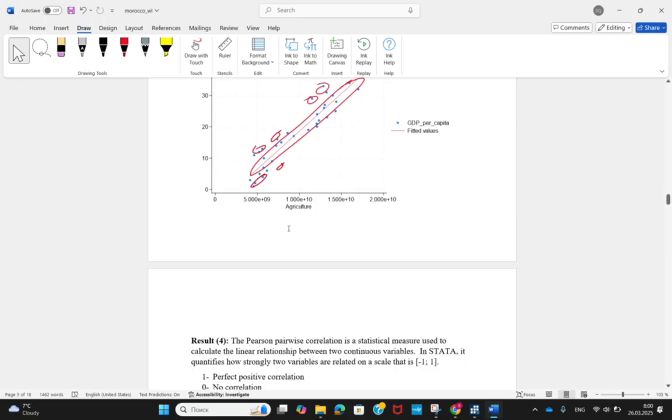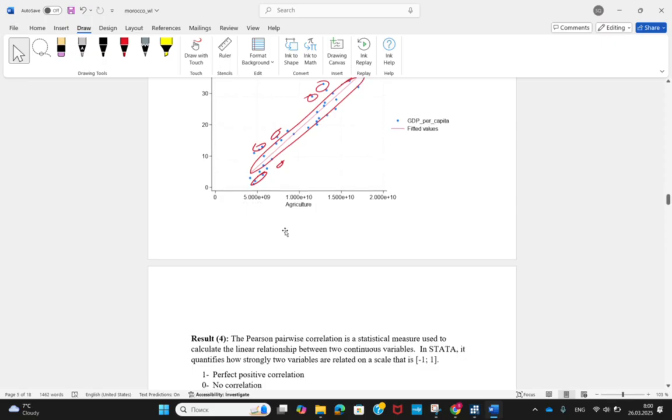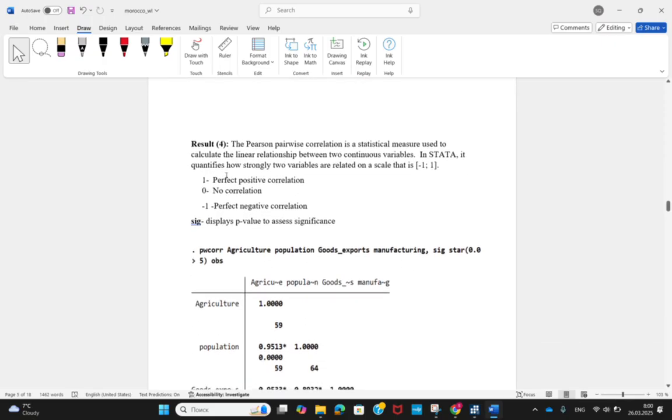Agriculture on the x-axis. Result four is about the Pearson pairwise correlation. It is a statistical measure used to calculate the linear relationship between two continuous variables.